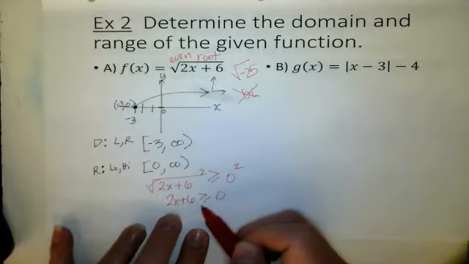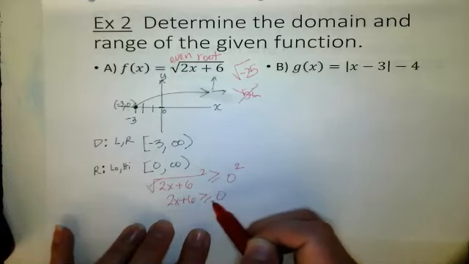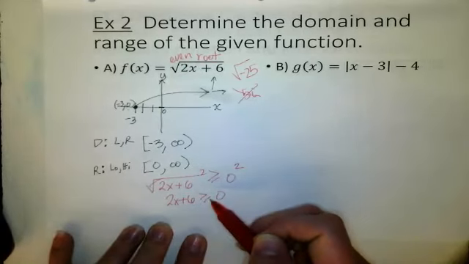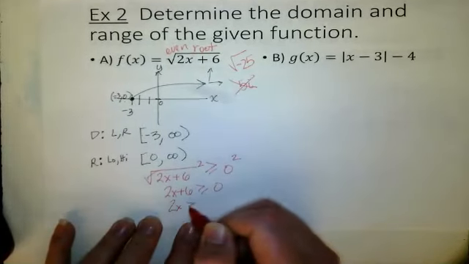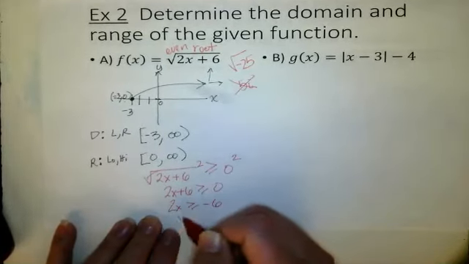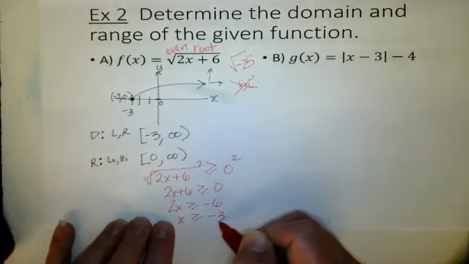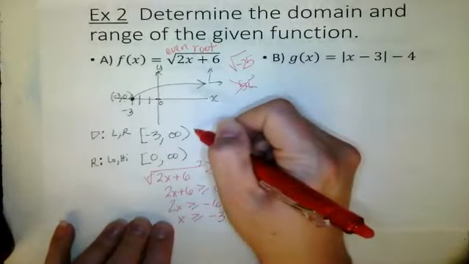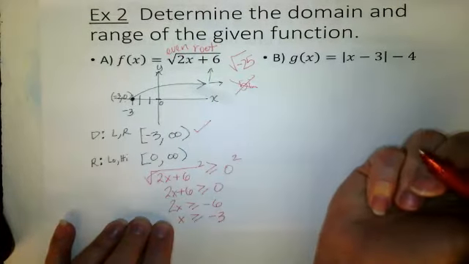So this is again saying the same thing. The inside must be greater than or equal to 0. We don't want it to be negative, okay? And then we can solve that. So we have 2x is greater than or equal to -6. Divide by 2, and we see x must be greater than or equal to -3, which is the same thing, okay?